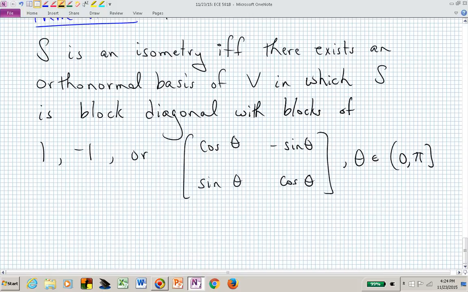Actually, it's just a little bit to the right of 0. If it was 0, then we would have a 1-by-1 block. So that's an open interval at 0.